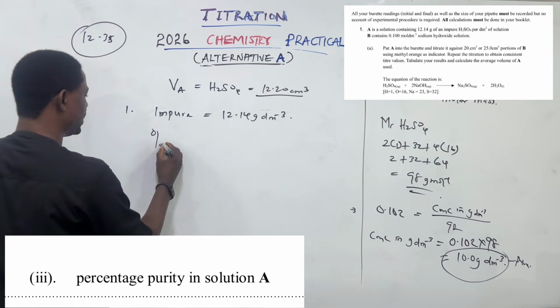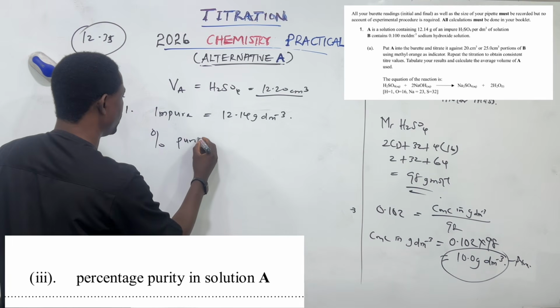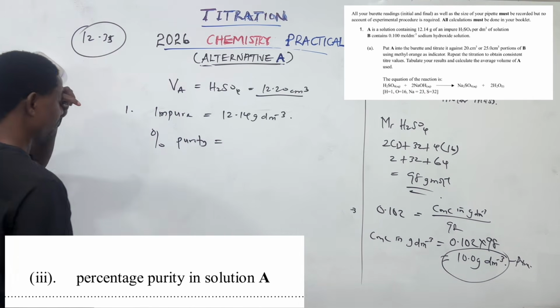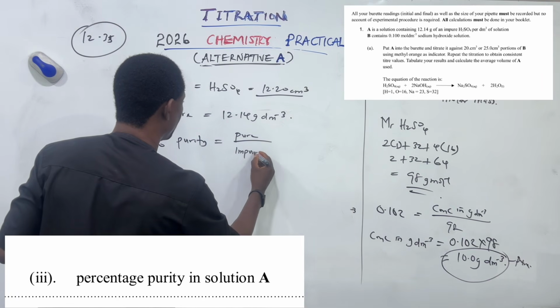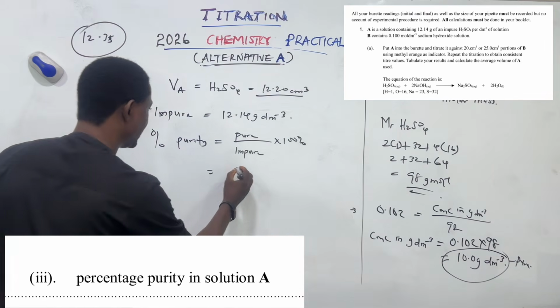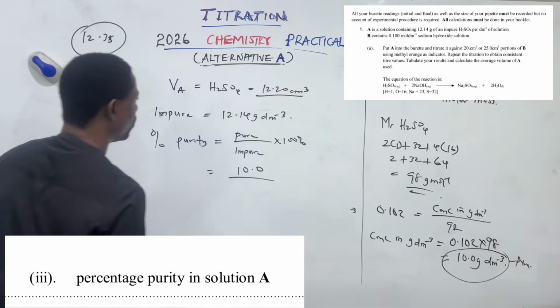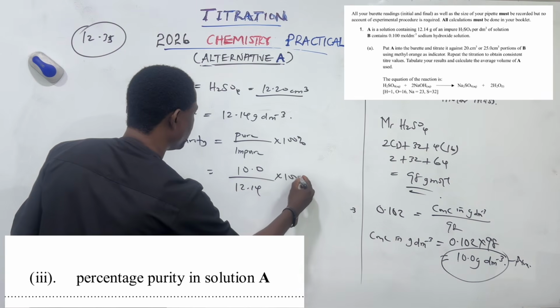So percentage purity will now be pure over impure times 100%. It's that simple. What is the pure? That is 10.0 over impure. Impure is what? 12.14 times 100%.